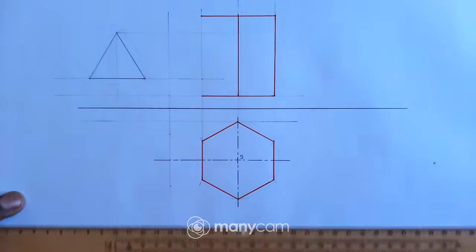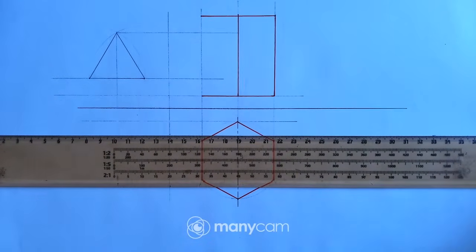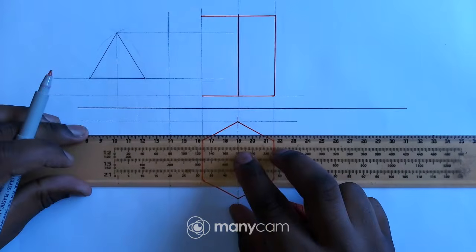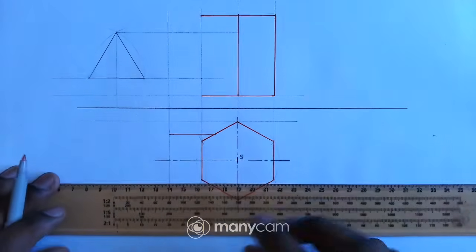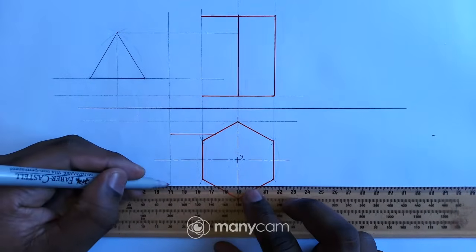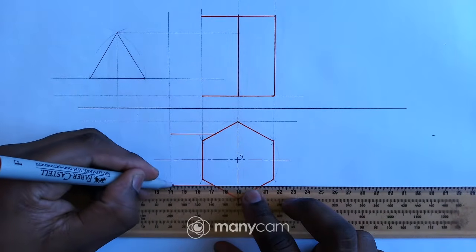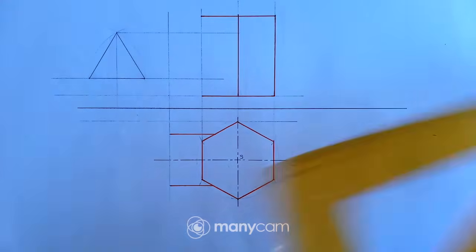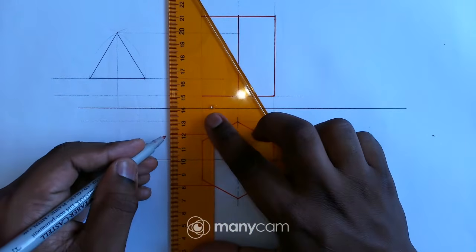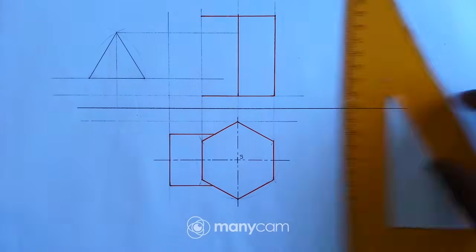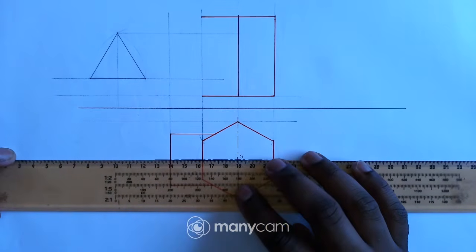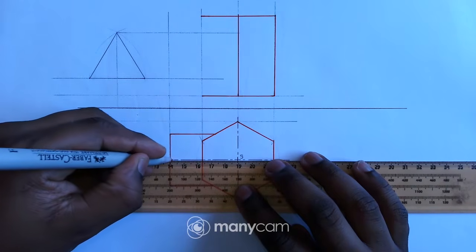Okay, and then I can just draw in the edges there. Just like that. So this part here, edge A.